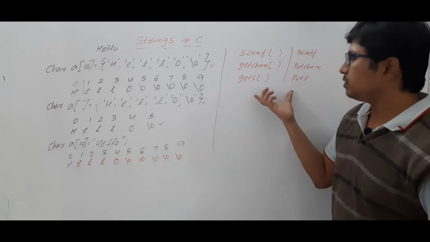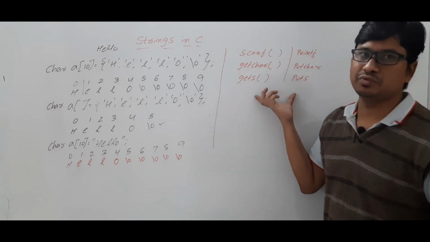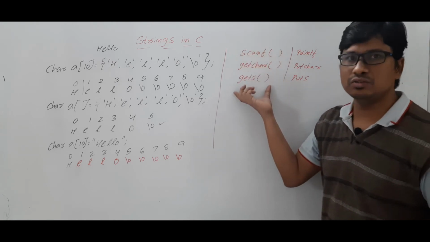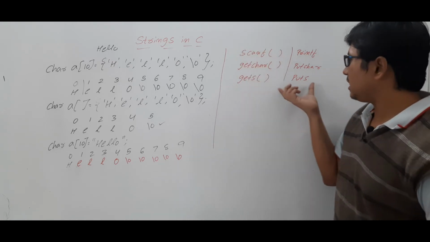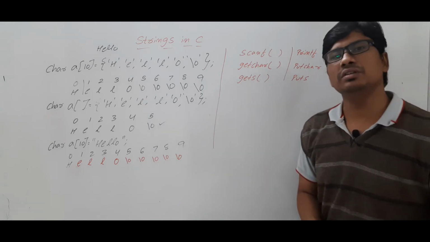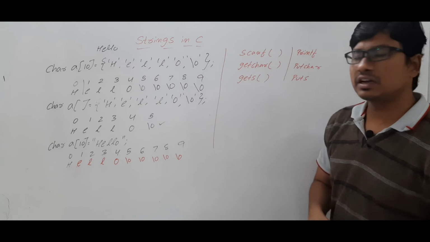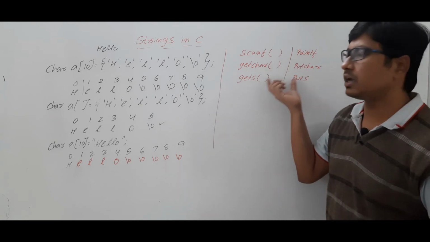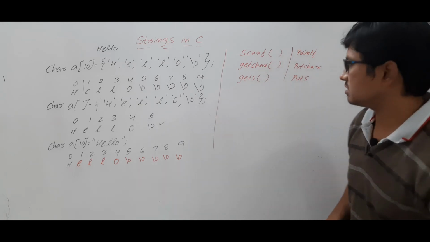Okay, so I hope you have understood the importance of these 6 functions. These 3 functions are useful for you to read the thing, and these will be useful to display the output. Now let me discuss about the scanf and the printf. In the coming videos we will discuss about the getChar, putChar, getS and puts.